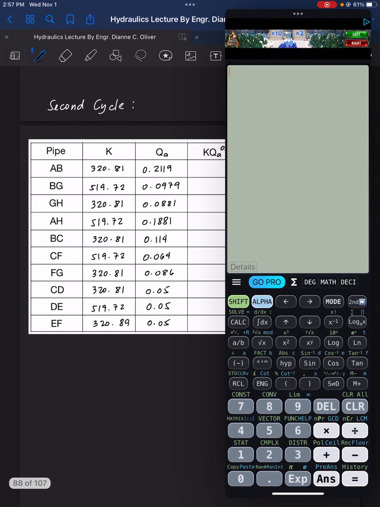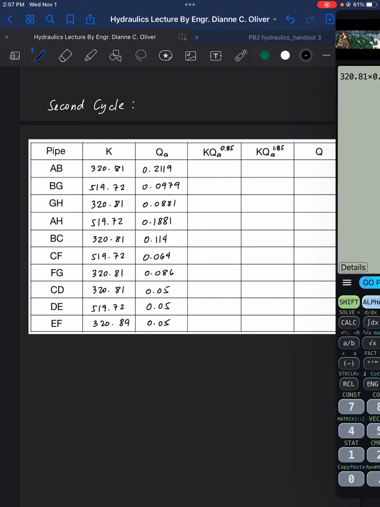Then let's get the value for KQA. 320.81 times 0.2119 raised to 0.85. So that is 85.79.